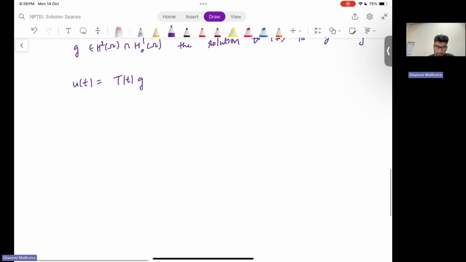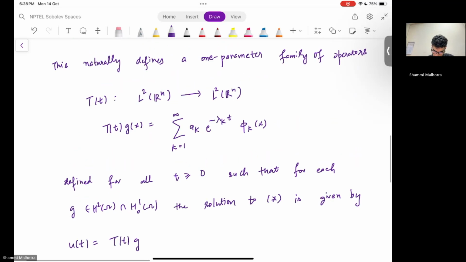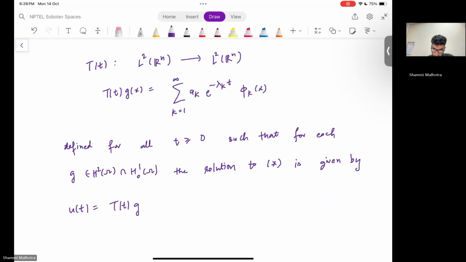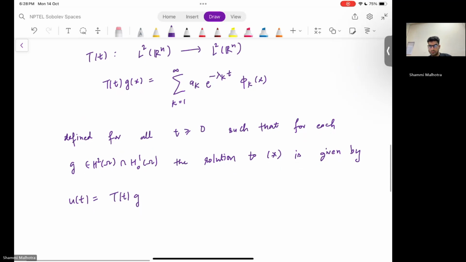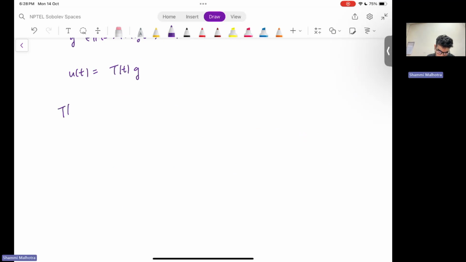Moreover, what do we have? If we just consider T(0) g, how this depends on g, we will have this orthogonal expansion.